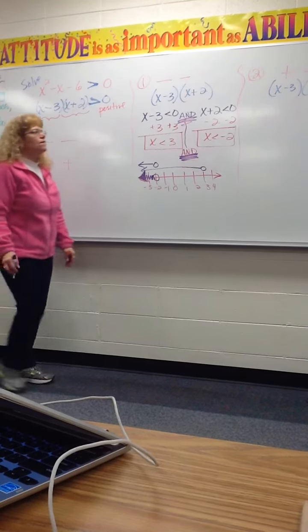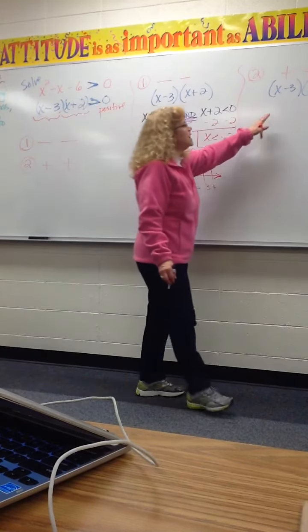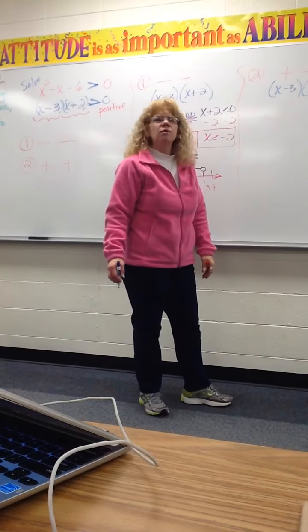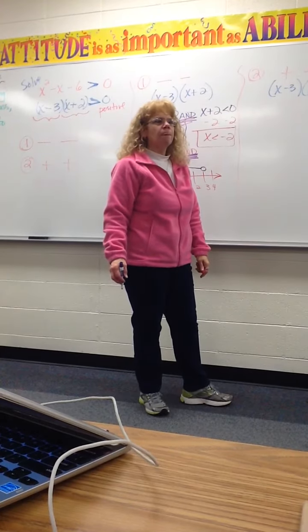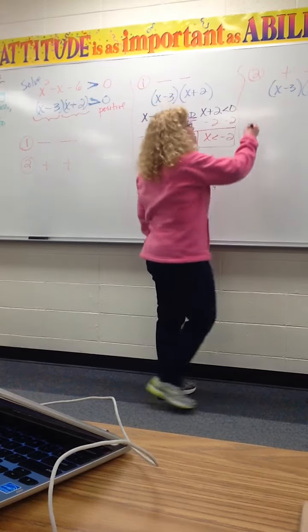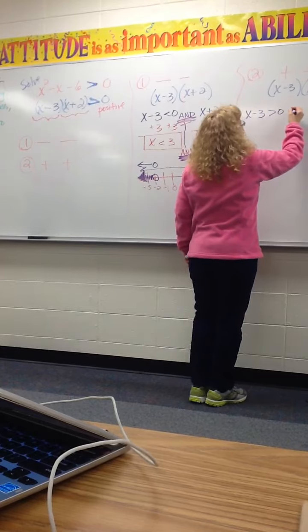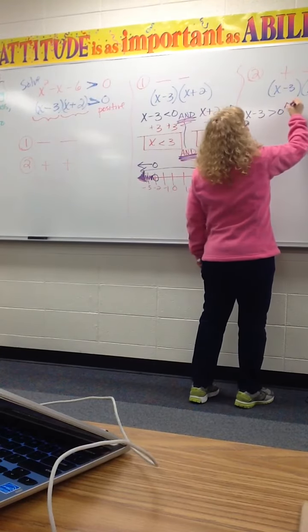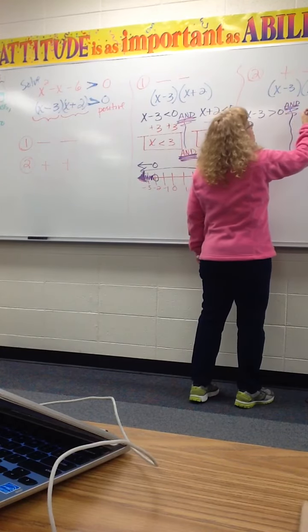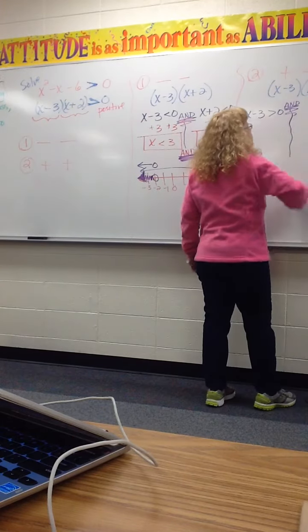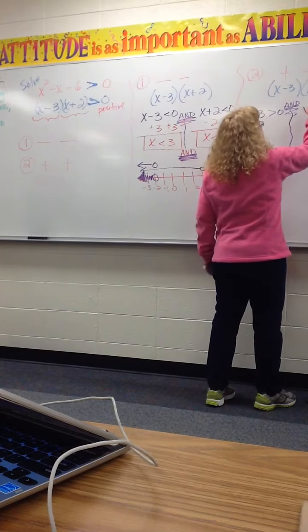But now don't forget we have the other possibility that they both could be positive. What kind of number is positive? How do we write that? Greater than 0, right. So this thing has to be bigger than 0, positive. And at the same time, this one, I guess I don't need a parenthesis, x plus 2 also has to be positive.